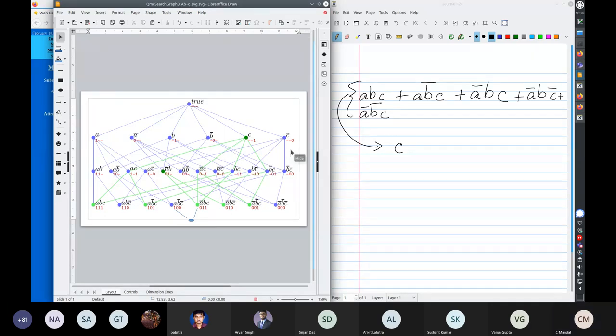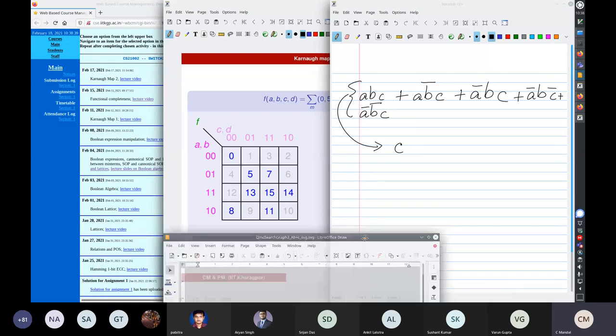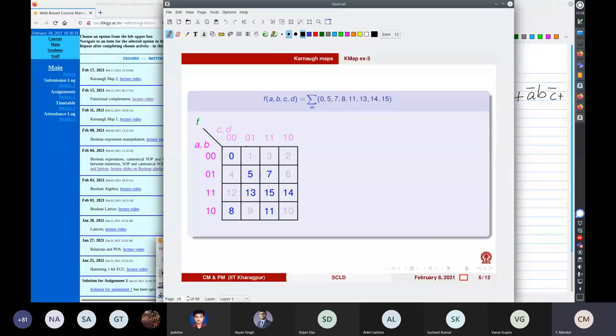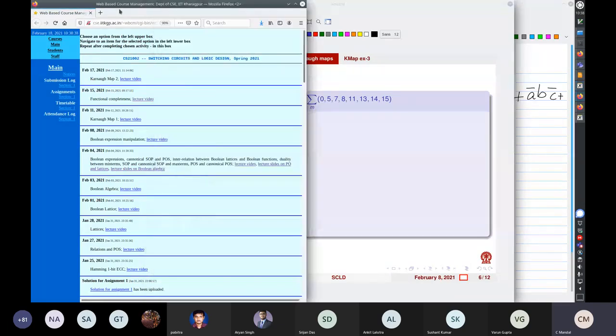That is very convenient. This is actually a very simple example. It is just designed. But when you do that, the result that you will get is far more interesting. So that's why I want you to work out that Karnaugh map example. Once you have worked this out, I'd like to open it from WBCM and see what is there.